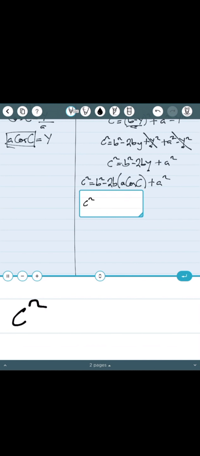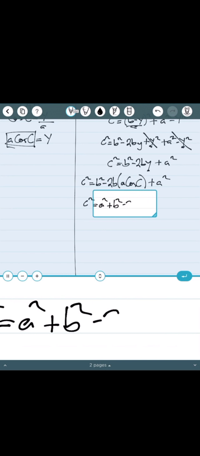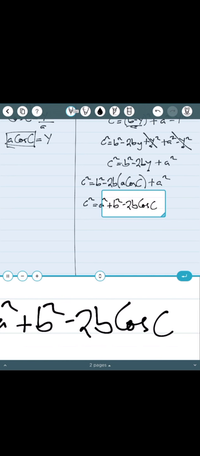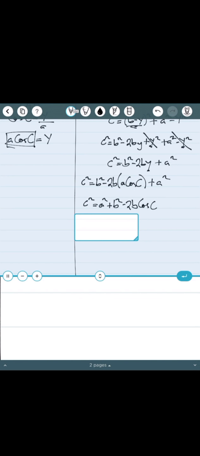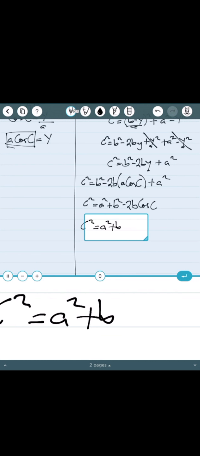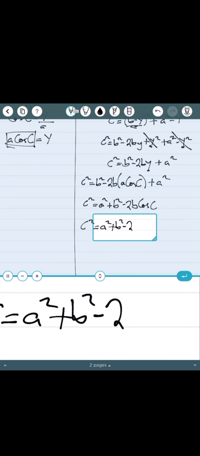So this becomes c squared is equal to a squared plus b squared minus 2b cos c. If we are to rewrite this properly, finally it will give us c squared is equal to a squared plus b squared minus 2.